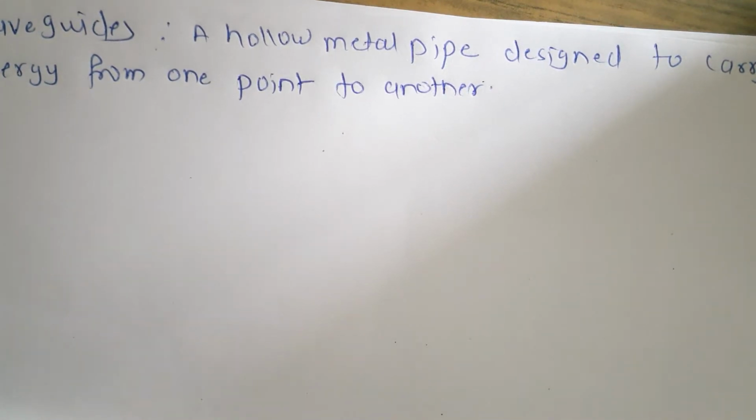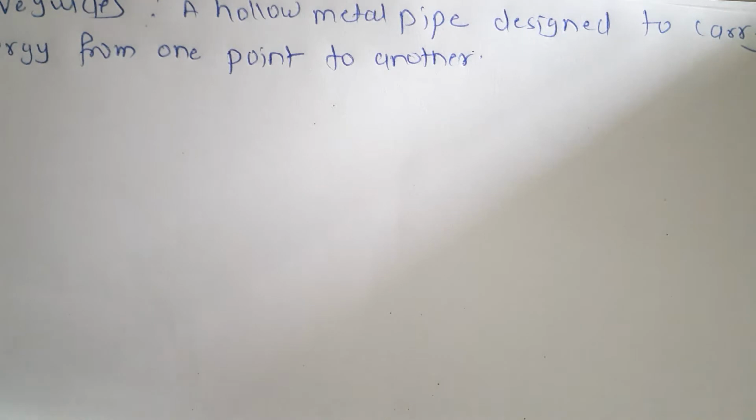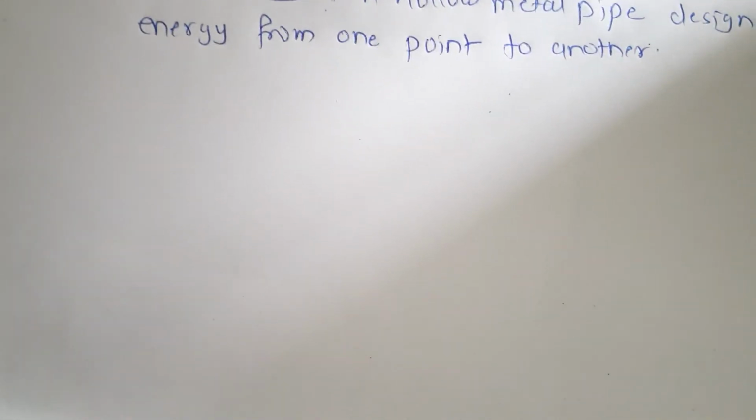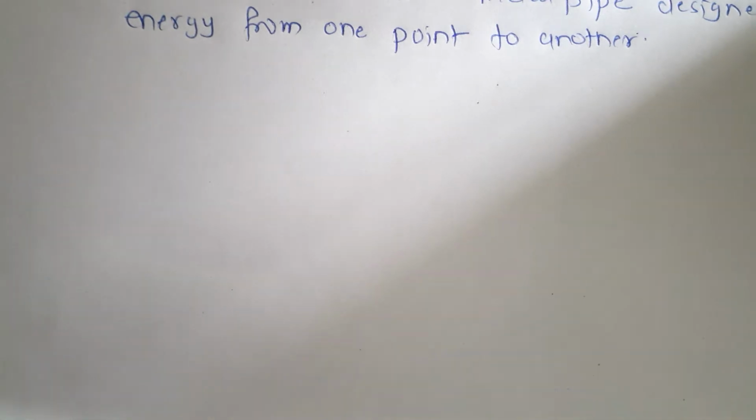So it is just like a hollow metal pipe which will carry the microwave energy from one point to another point. So for the waveguides we will see the basic structure of waveguides.